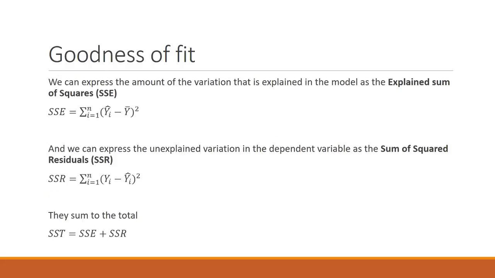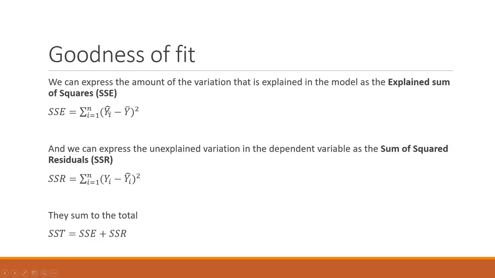Now, we can express the amount of variation that is explained by the model as what's called the explained sum of squares. The explained sum of squares is this expression. This is the amount of variation in the dependent variable that is explained by the model. What does it look like?